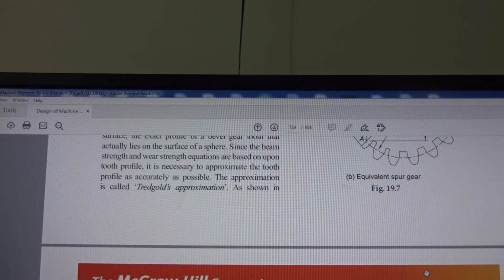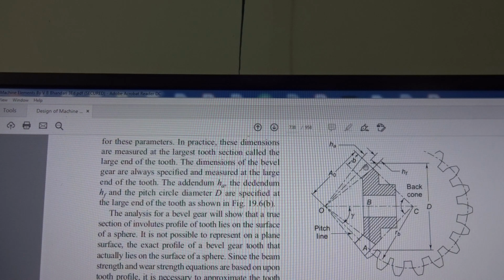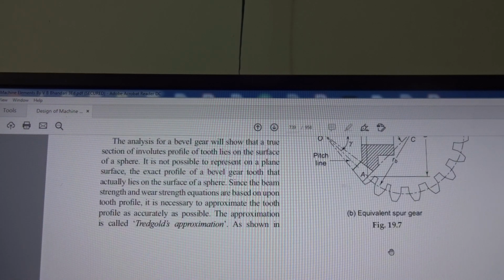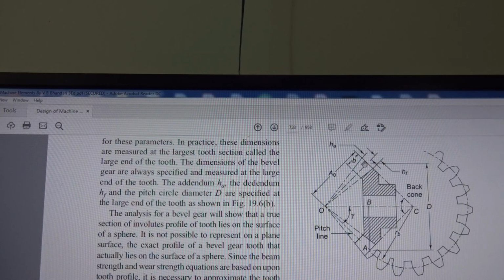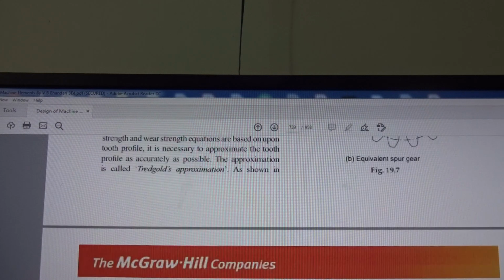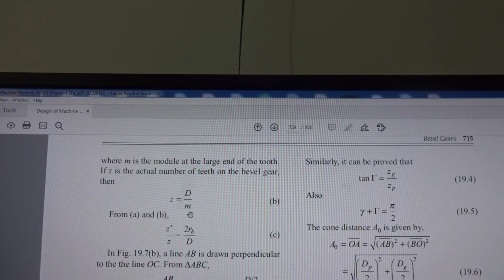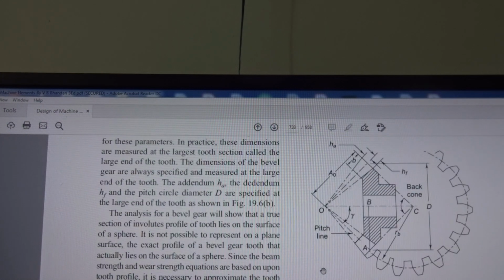So Z is equal to, how can we define Z? Z is the number of teeth on the bevel gear. This is the pitch circle diameter of the bevel gear, and M is the module. So the number of teeth Z is defined as Z equal to D by M. And suppose Z dash is the virtual number of teeth.